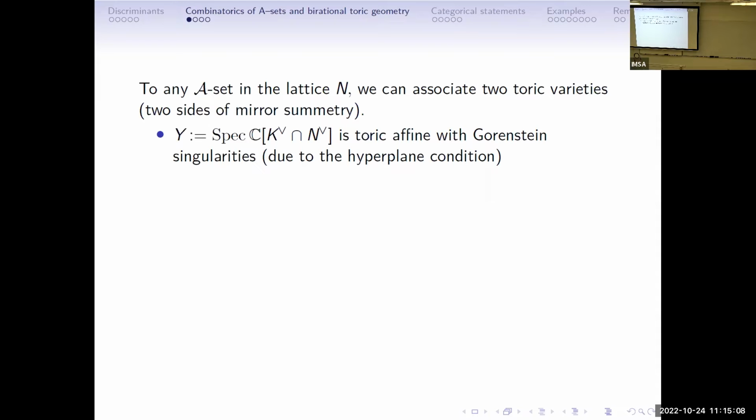So from the point of view of toric geometry, what we're doing is trying to understand the geometry of the resolutions of this Gorenstein singularity. In that sense, that's not that far from the previous talk.